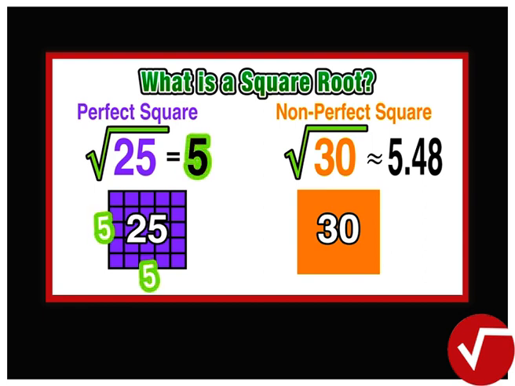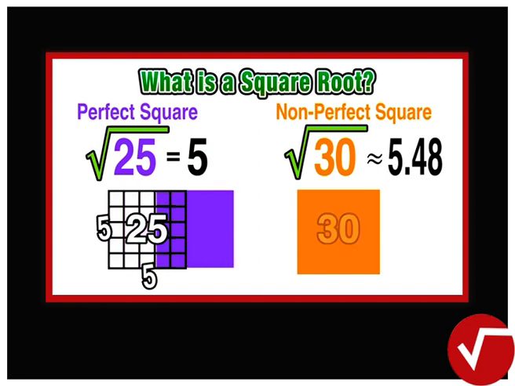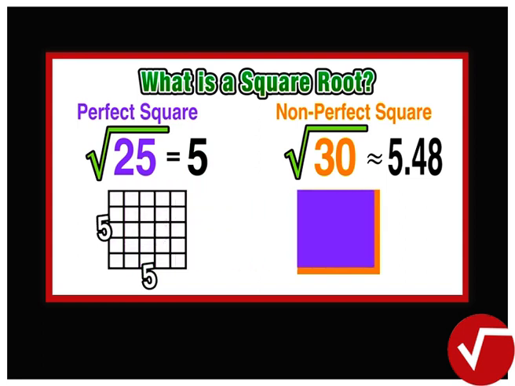And if we think about that area in comparison to that 30, if we slide it over, we see that it kind of fits, but there is some room left over, that orange space, which doesn't quite hold one full square. It only holds about half of a square, which is where that 0.48, that decimal, comes from. And again, this is because there is no whole number that we can square to get to 30. We'd have to have a decimal value in order to approximate a square root for a number like 30.